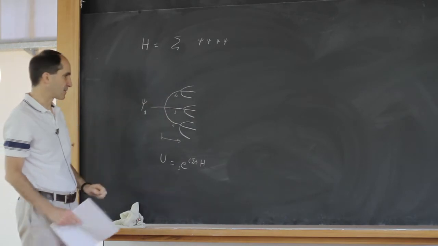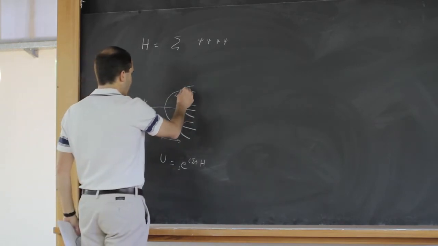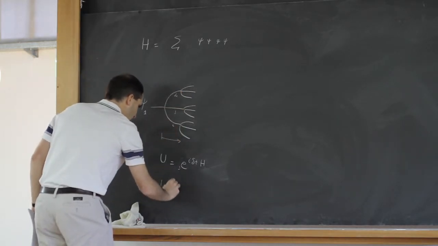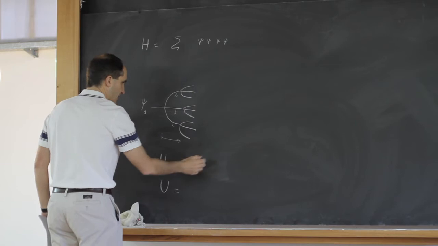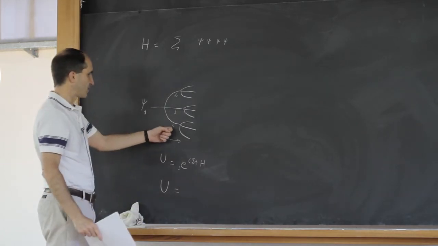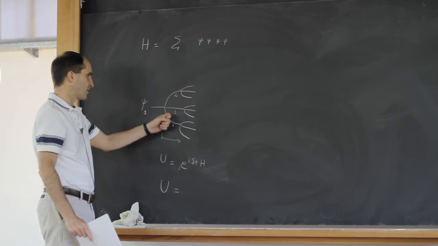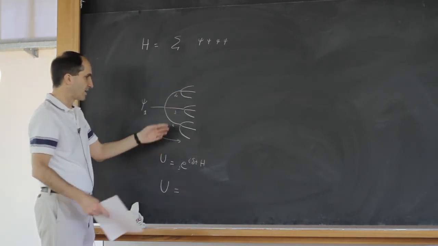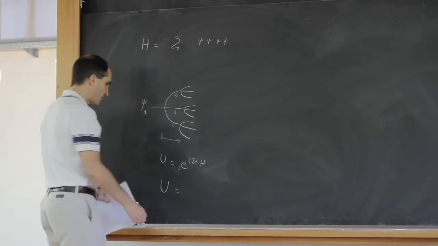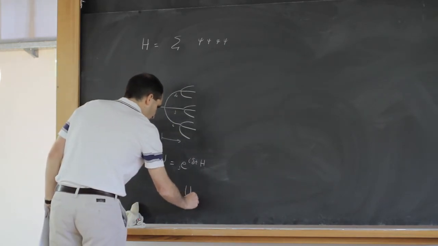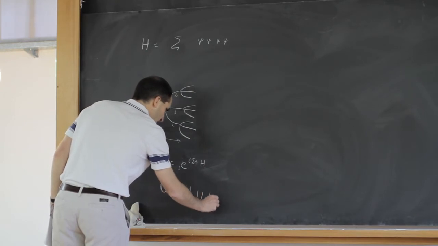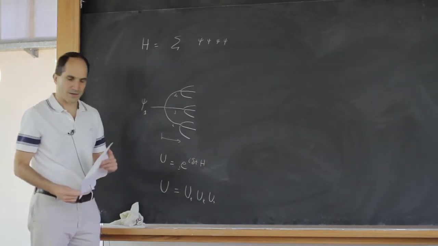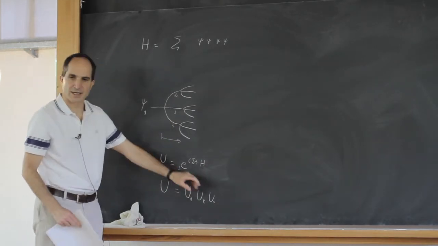When we act in the next step, the unitary operator can be split, since there are different terms in the Hamiltonian: some terms that act on fermion i, some that act on fermion j, and some that act on fermion k. To leading order in n, all these terms are different. So we can think of the unitary operator as a product of three pieces, each one containing the terms in the Hamiltonian that act on one of them, and so on.